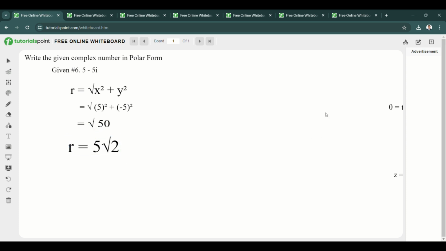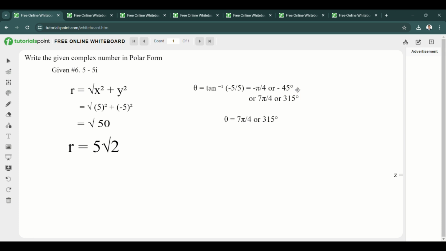So we have now the r. We need to find the value for theta, which is the arctangent of negative 5 over 5, which is y over x, which is equal to negative pi over 4 or negative 45 degrees, or it can be 7 pi over 4, 315 degrees.